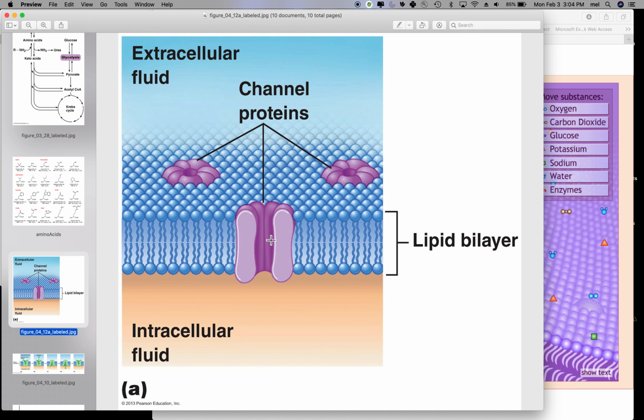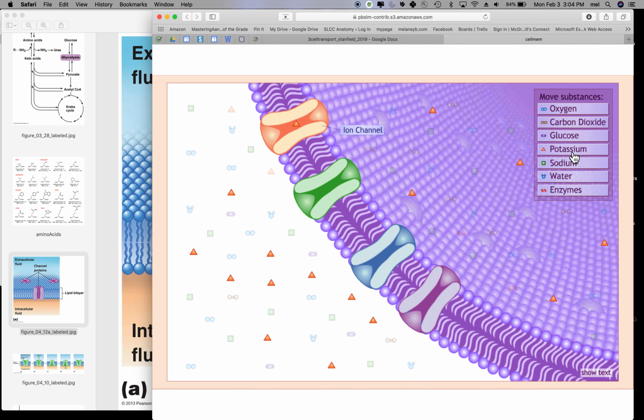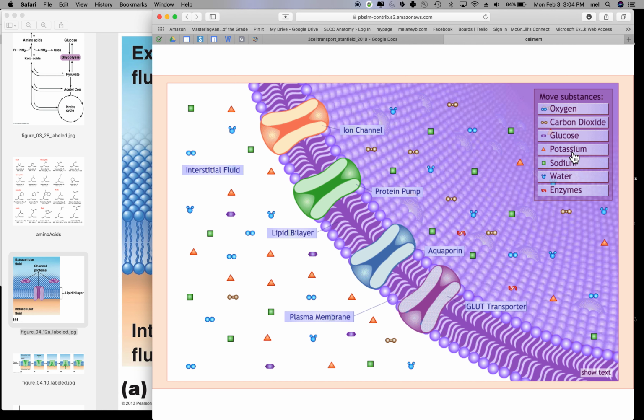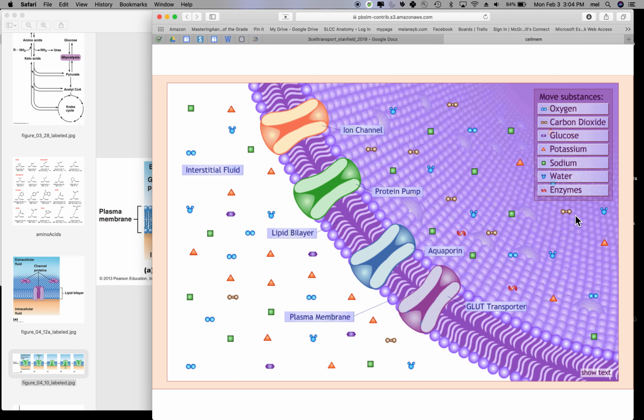Does the channel actually have to change to bind to the solute, change conformation, and then change conformation again? No, it doesn't. It's basically like an open door, and whatever you can fit through it will go through it. So hopefully you can see that that would be faster than this, where you have to bind, wait for it to bind, change conformation, dump it out, and reset the initial conformation to use it again. So that is actually going to be slower.